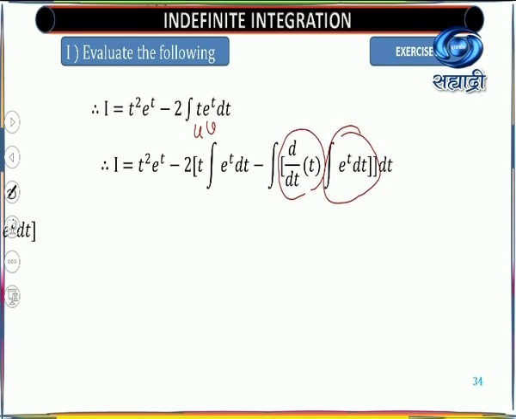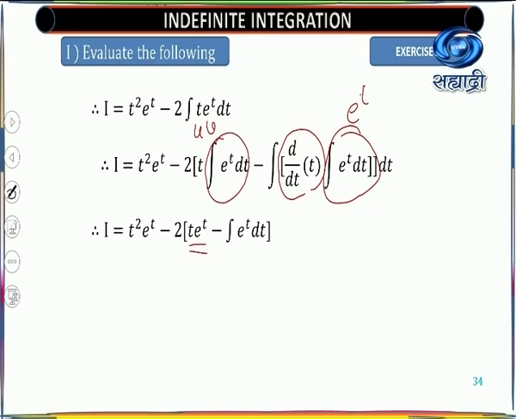Now look here, t square e raised to t minus 2. Integration of e raised to t is e raised to t. You will get t into e raised to t minus the derivative of t with respect to t, which is 1. So 1 into e raised to t is e raised to t dt. Now this is simplified and you got your values here.